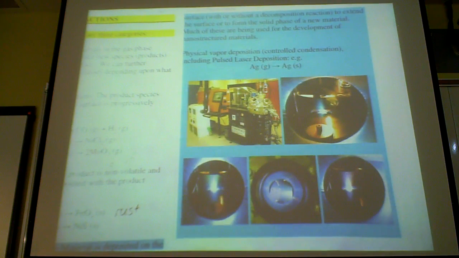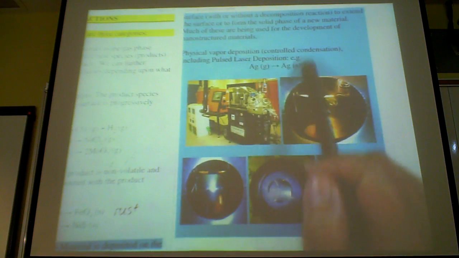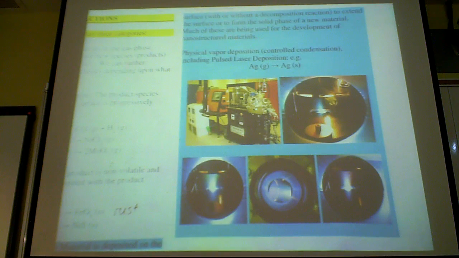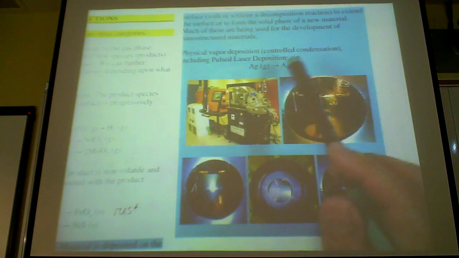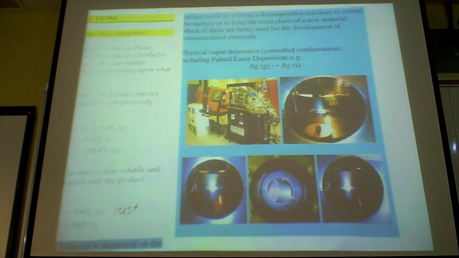Do they have a similar lattice parameter? If they have a similar lattice parameter, then you have epitaxial growth, and it will grow in a crystalline format. If you don't, then it may grow in a random format, and you have an amorphous form. So there's a lot of technology involved in this film growth technique, physical vapor deposition.